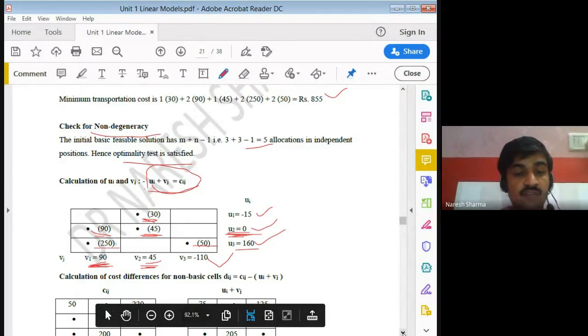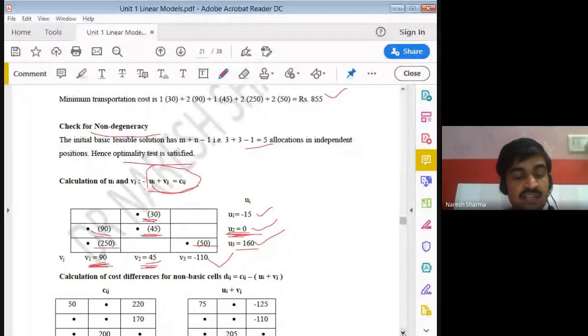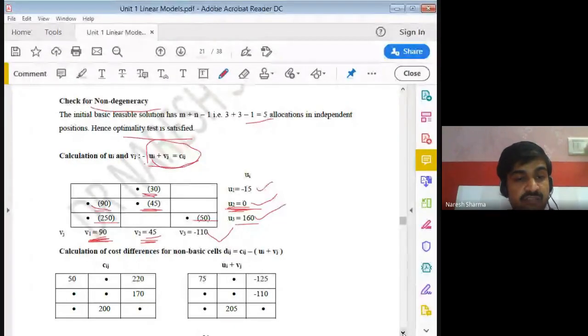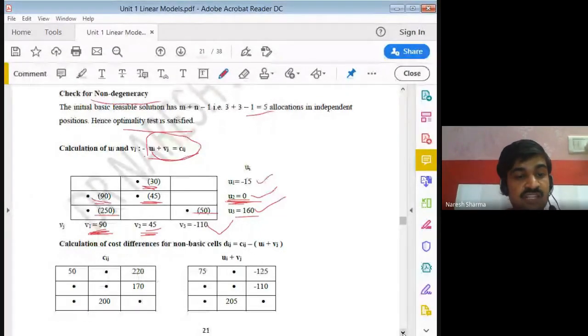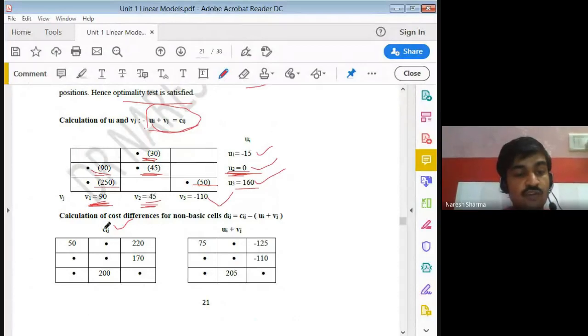Now after calculating ui and vj for all basic locations, or basic cells where allocation is done, you can calculate dij. For that you require cij for the remaining locations, that is 4 locations we have in this example. So just write down the cost from the master table or your statement and calculate u plus v.